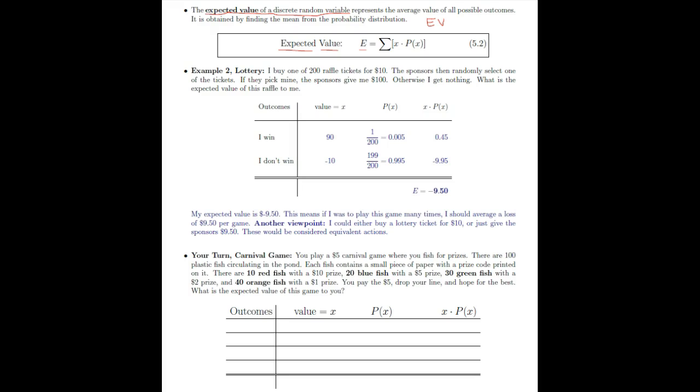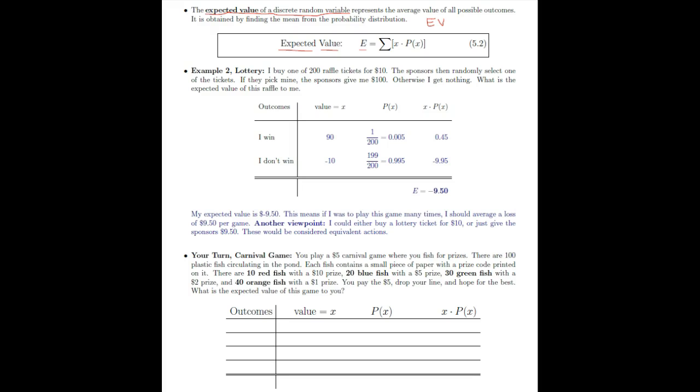Because what's going to happen in this raffle? Either you're going to win $100 or you're not going to win anything. There's nothing in between. So what we're trying to capture is the average overall essence of what the average raffle ticket buyer is going to end up with.